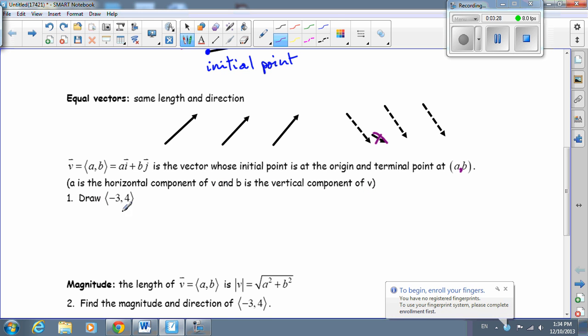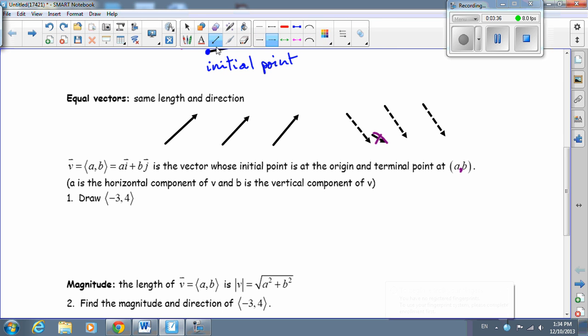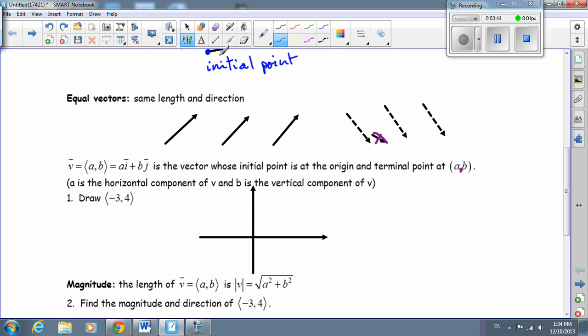So let's go ahead and try drawing v, whose description is ⟨-3, 4⟩. The first thing I would do is, of course, draw my x and y coordinates, my x coordinates here, my y coordinate here. Now, to draw that vector, I would first start with -3 on my x, -1, -2, -3, and 4 on my y, 1, 2, 3, and 4.